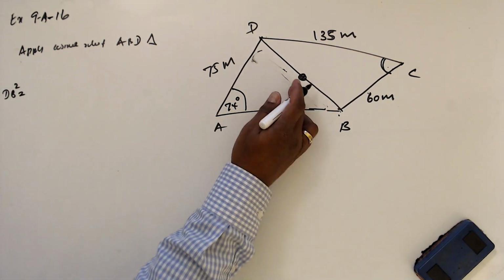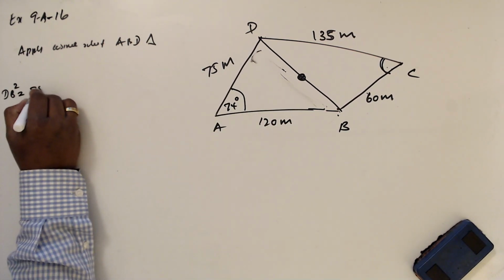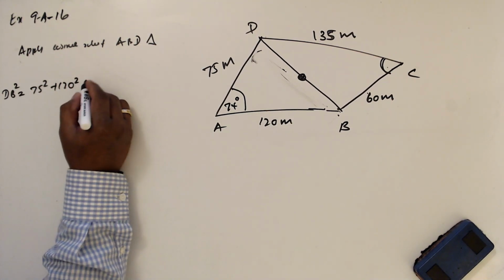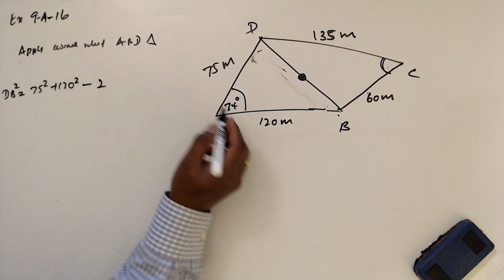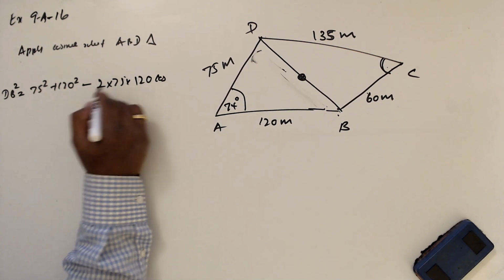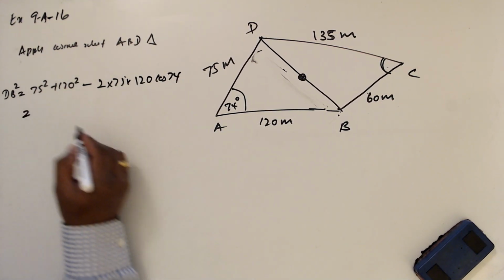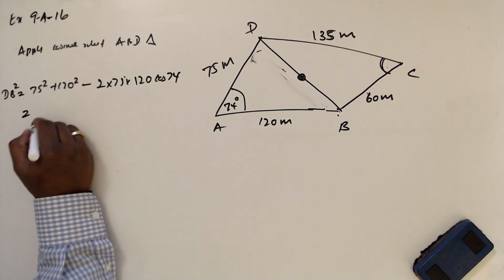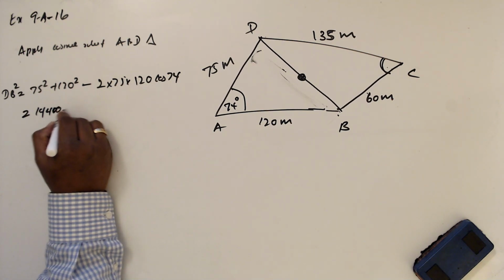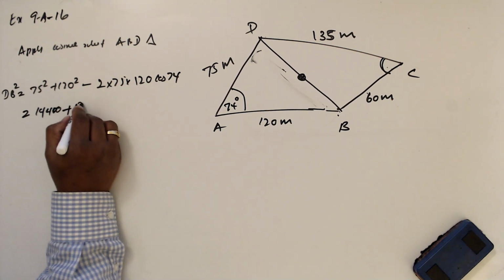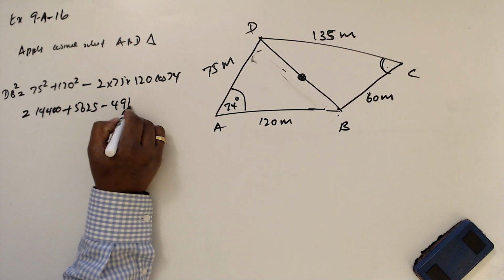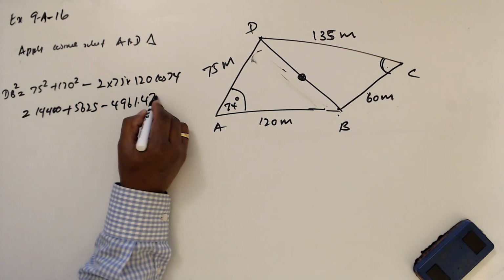DB square equal 75 square plus 120 square minus 2 times 75 times 120 cos 74. This is going to be 14,400 plus 5625 minus 4961.4724.